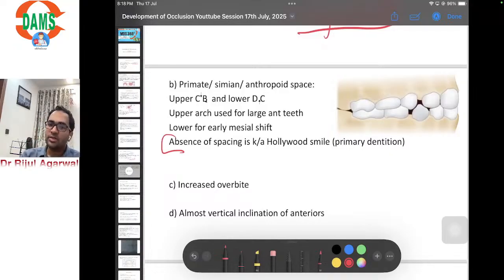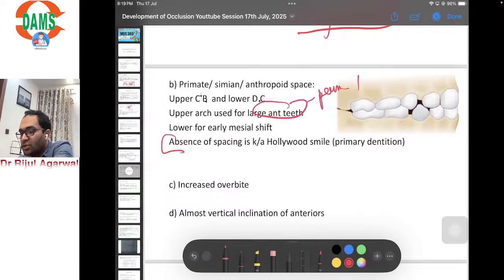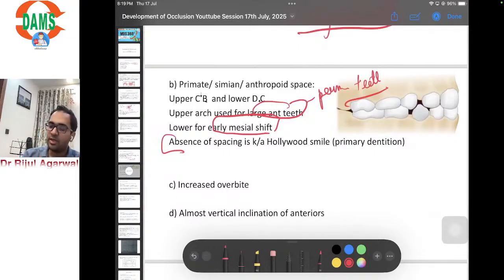In the upper arch, this space is used for accommodating the large anterior permanent teeth which are going to erupt, and in the lower it is used for early mesial shift. What is early mesial shift and late mesial shift, I am going to tell you in the upcoming slides. For now, just remember the term early mesial shift, and this lower primate or simian space is utilized for this early mesial shift.